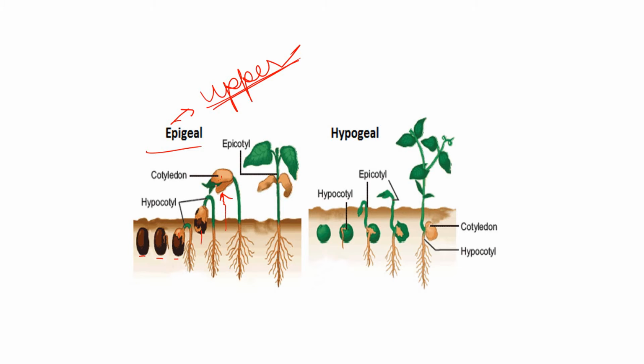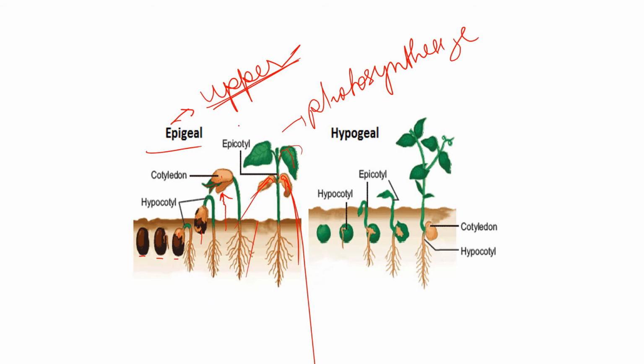Then it starts to become green in color and becomes a leaf, and the outer covering of the cotyledon falls off, and this green leaf starts to photosynthesize, that means it starts to prepare food. So epigeal germination is where the cotyledons are pushed above the ground.